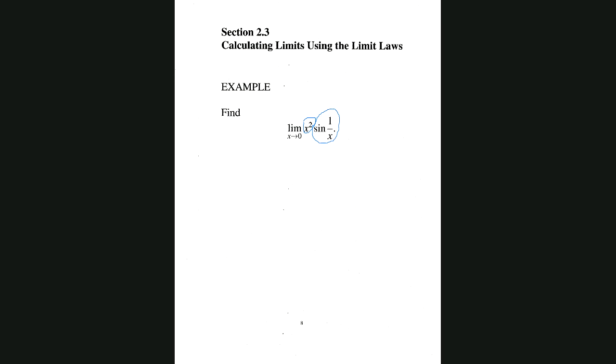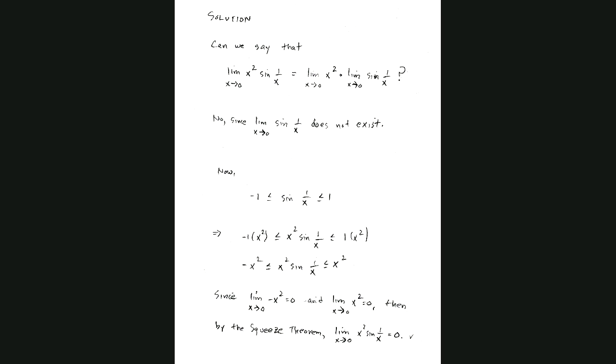Okay, so let's see how we approach this kind of problem. First thing I want to ask you is, can we say that the limit as x approaches 0 of x squared times the sine of 1 over x equals the product of the two limits?